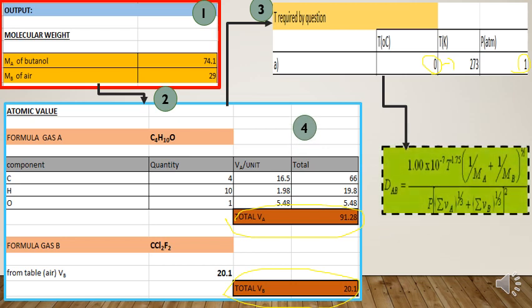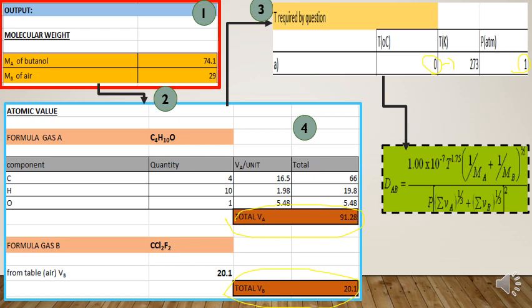Since we already have all the needed values, we can substitute them into the equation to get the DAB value. The T here is the temperature and P here is the pressure. Okay?